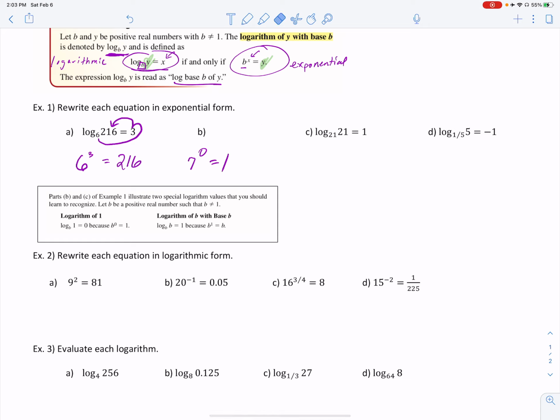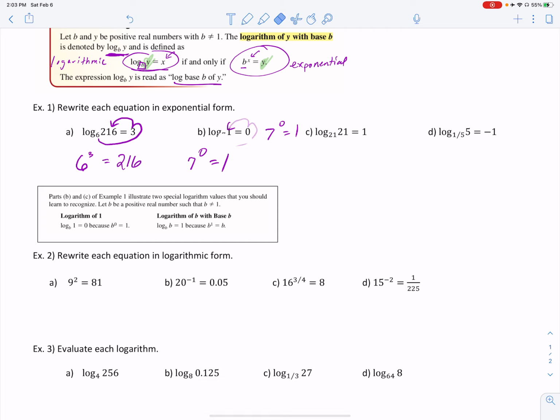Again, I would say lean to the left, lean to the right, equals the middle, get it right. Or other people do the swoop. And so start with the 7. That's the exponent, and then the end result is 1.